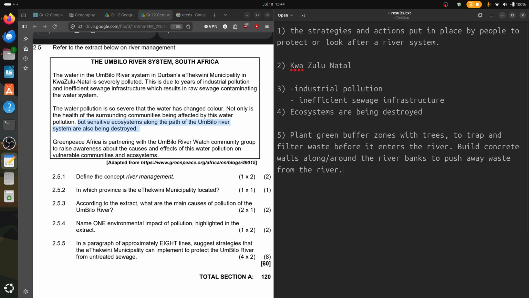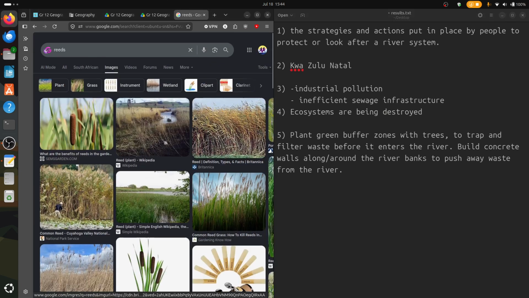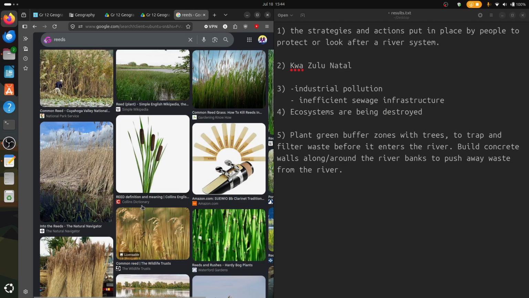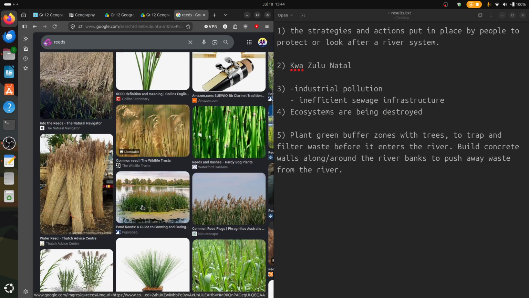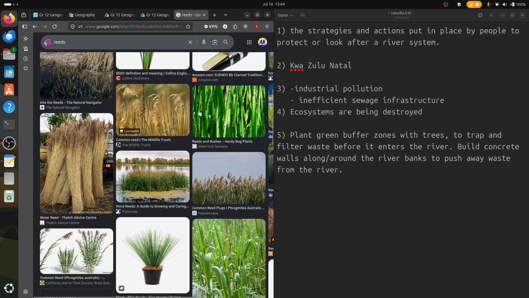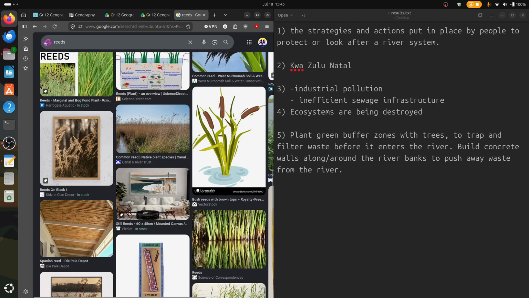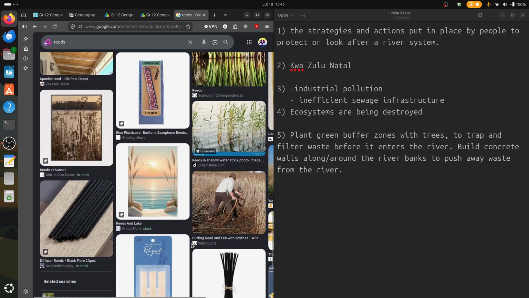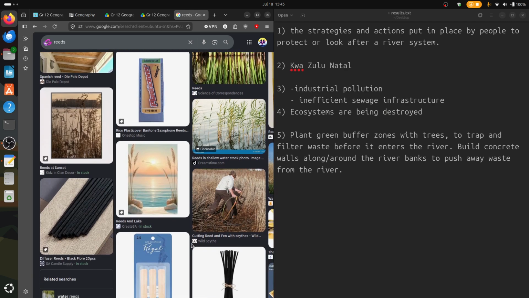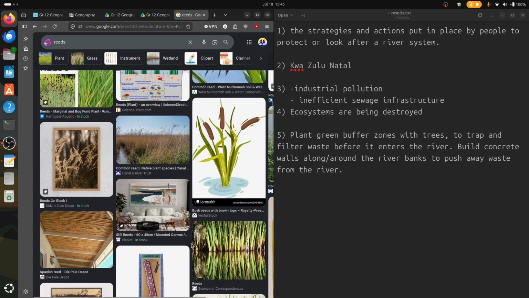For point number three, you can plant indigenous reeds. What are reeds? These are reeds. So you can plant non-invasive indigenous reeds within the river to filter out the water. So this can actually absorb waste and filter out the river water. These reeds are also very easy to deal with compared to dealing with the waste manually.